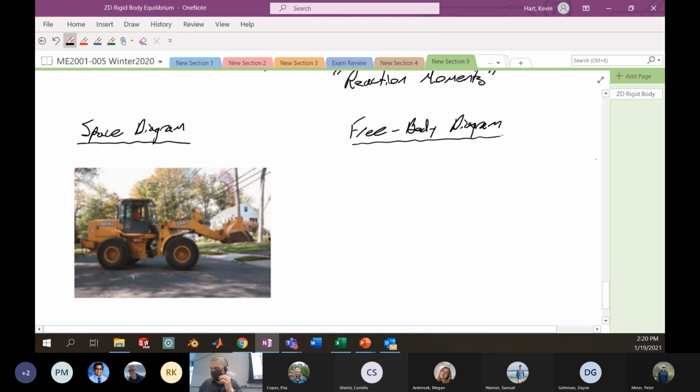we're talking about isolating this particular guy from its surroundings. All right, and so you would say, all right, I want to draw a free body diagram of the tractor. It's a skid loader, but okay, let's call it a tractor. Okay, so we create a contour around this particular guy. I've done this before.